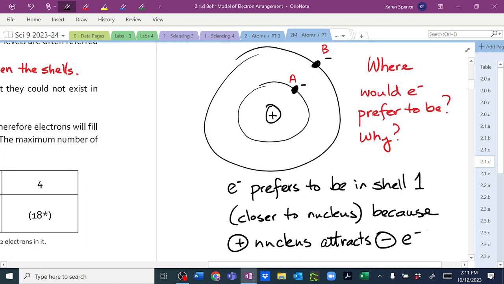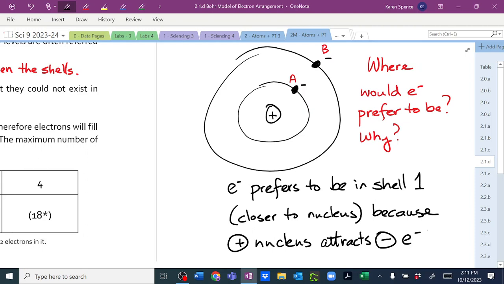So the electron prefers to be in shell 1, closer to the nucleus, because the positive nucleus attracts the negative electron. So if you give an electron a choice, it's going to go into shell number 1.